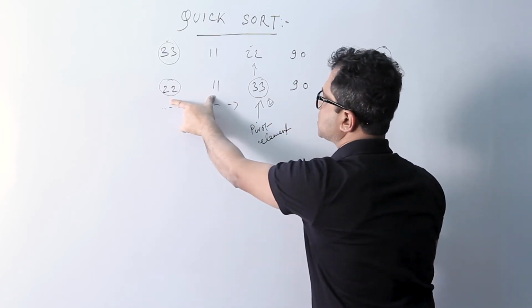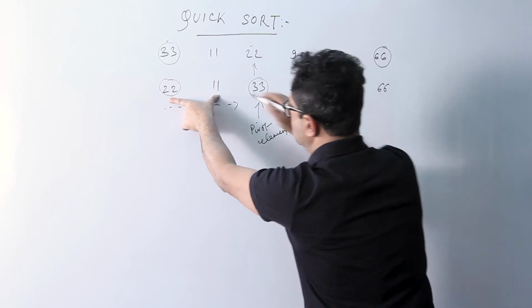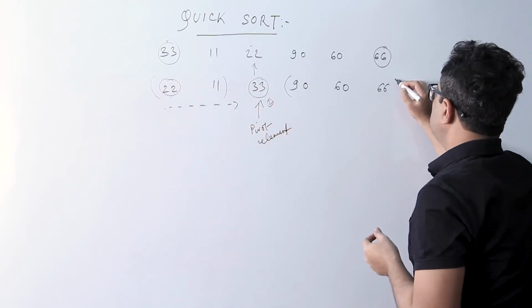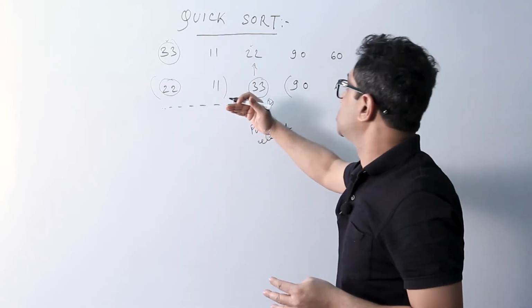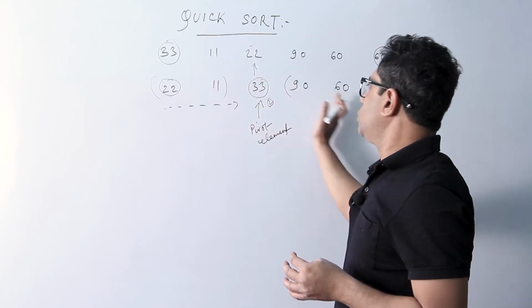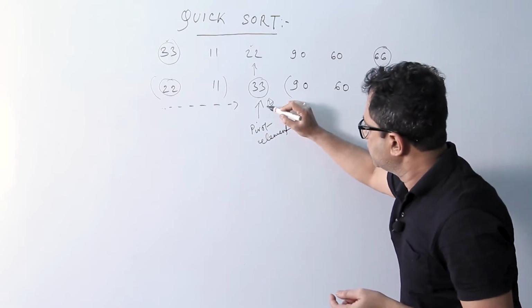So, this is a sublist and this is a sublist. This sublist contains 22 and 11, and this sublist contains the values 90, 60, 66. In this way we can partition the entire list into 2 sublists with the pivot element in between.